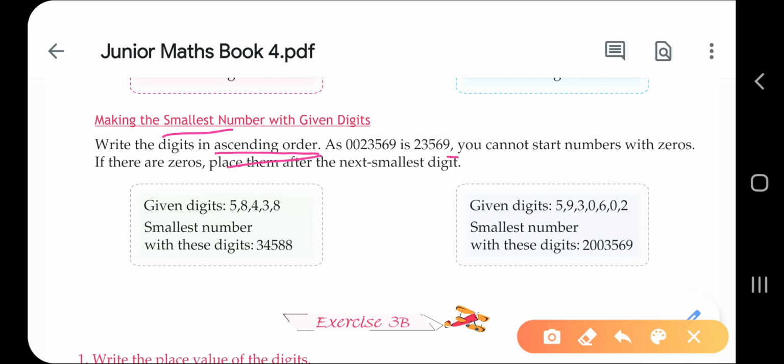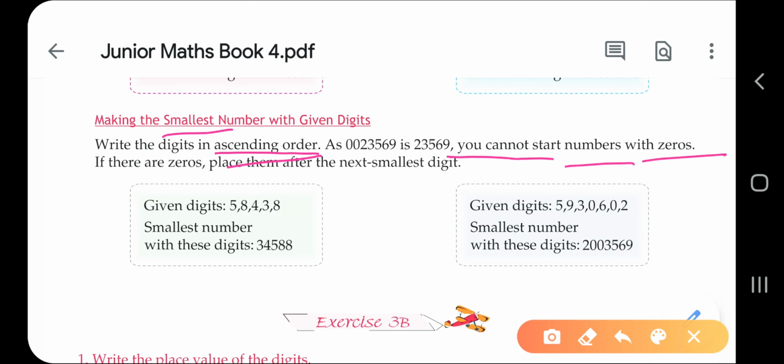Okay, and you cannot start numbers with zero. And one more thing you have to keep in mind while creating the smallest number, you can't write 0 in the first place. Okay, if there are zeros in the given digits, then don't keep them in the first place. Okay, you can keep them in second, third, like this.